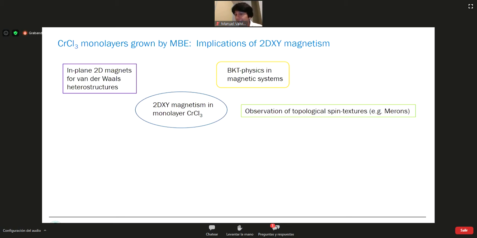At least for XMCD, I can tell that MBE growth plus UHV synchrotron gives you excellent signals and the resolution for such studies. And magnetic imaging techniques at the synchrotron would also be complementary to that, a good asset.